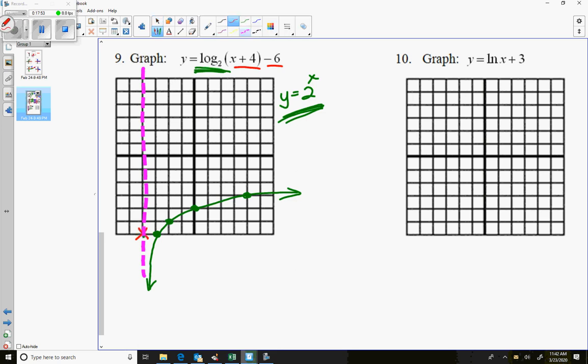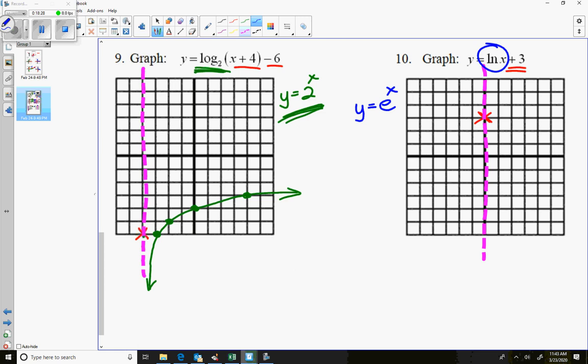Alright, and the last one. Natural log graph. Okay, that plus 3, it is not in parentheses. So it is not grouped with the x. It simply means up 3. Vertical asymptote. And now our natural log graph means log base e.